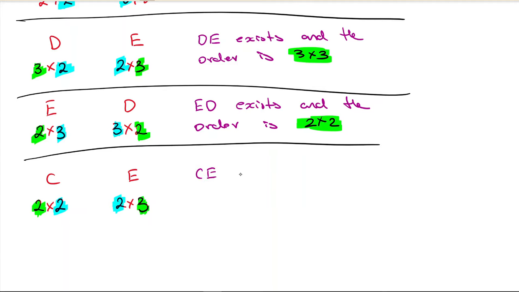So CE exists, and the order is now 2 by 3.